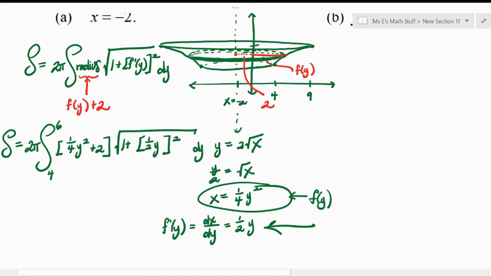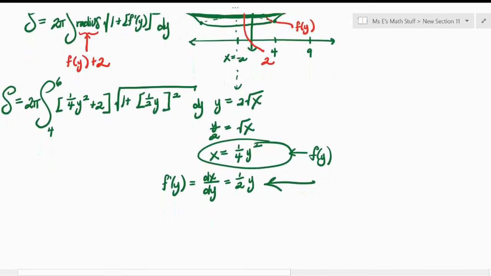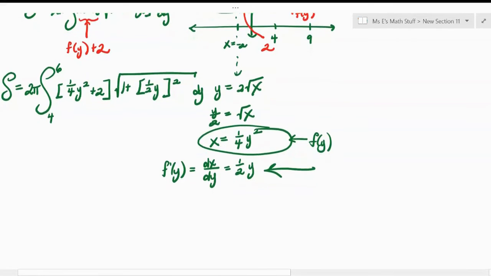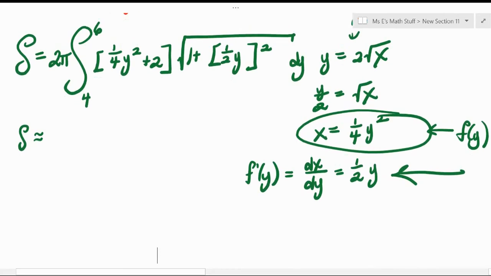It's totally up to you how much you want to simplify this, or if you just want to smack that thing into your calculator right now. Either way, nobody really cares. It looks like we get the integral piece is 45 something something, and then when we double it, we get about 91.371 pi, and then it's surface area, so units squared.